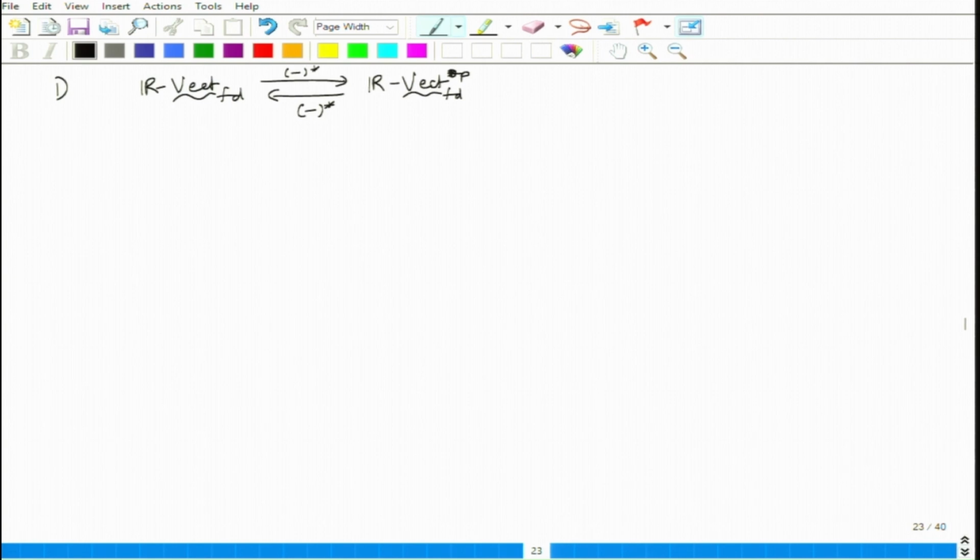Okay, what is eta in this case? What is eta? Eta goes from 1 sub Vect fd to double dual. Evaluation is EV, and what is epsilon? No, it is evaluation inverse, because it goes from FG to identity.